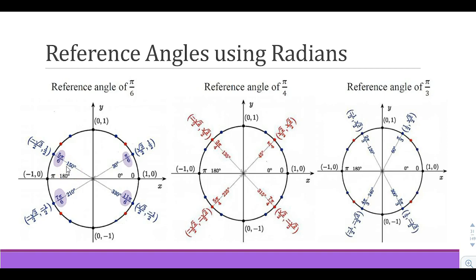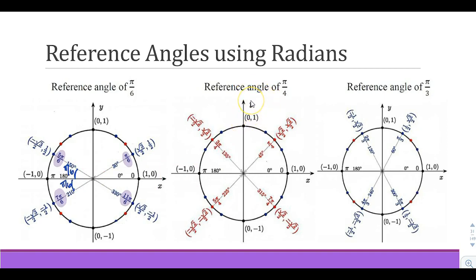It's the acute angle that goes from the terminal side of an angle to the x-axis. So for 5 pi over 6 here, to get to the x-axis, that acute angle that's made, I have to go another 1/6 of a pi, so pi over 6. And for 7 pi over 6, the terminal side to the x-axis, again, makes an angle of pi over 6.